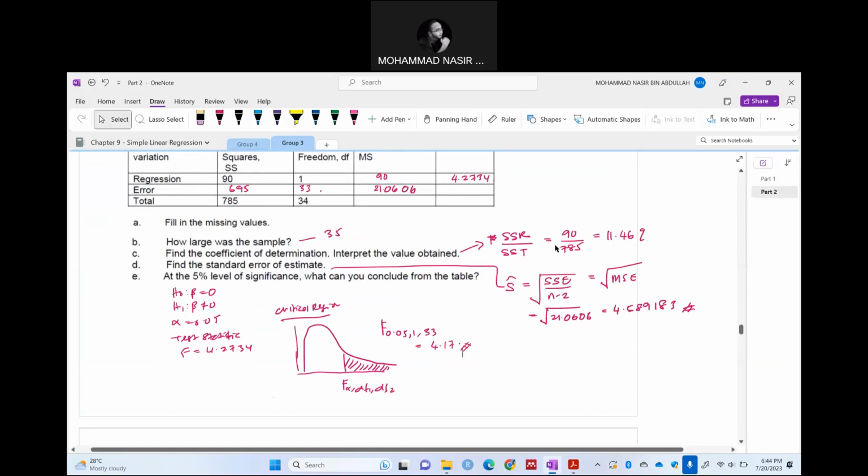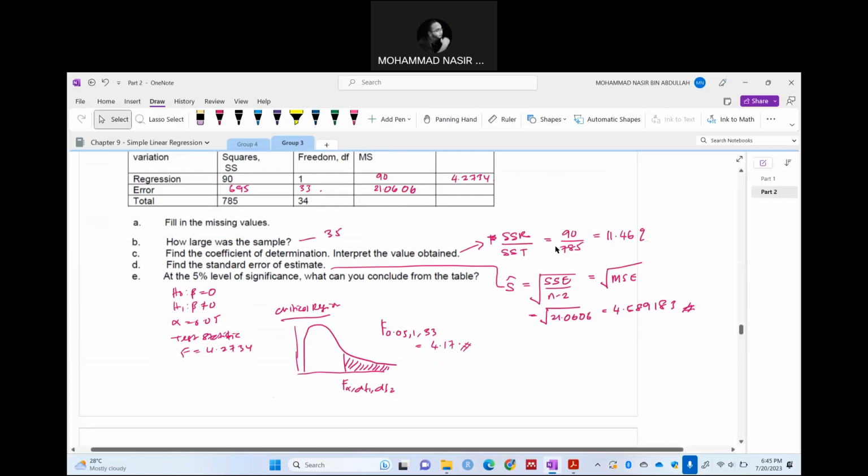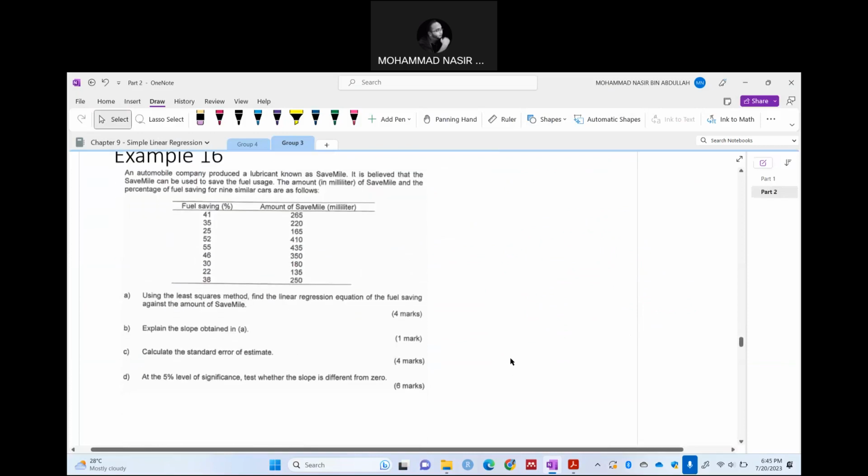Any questions so far? Yes. And this one alpha tak bagi dua sebab just one tail. So now let's look at example number 16.